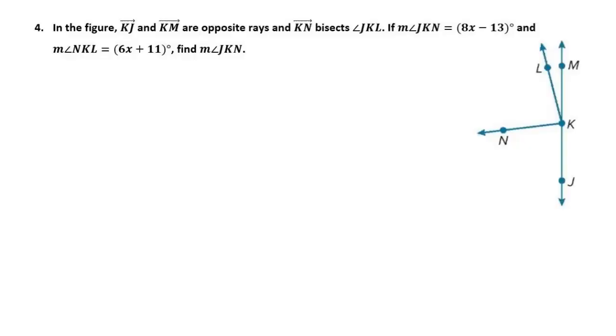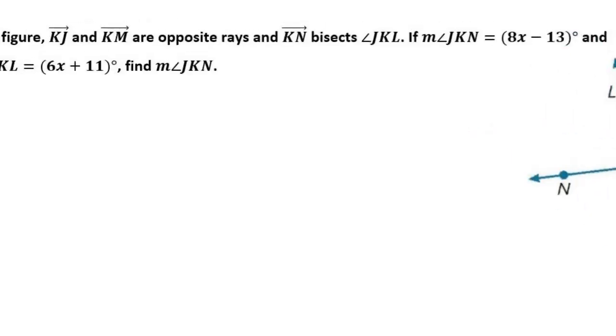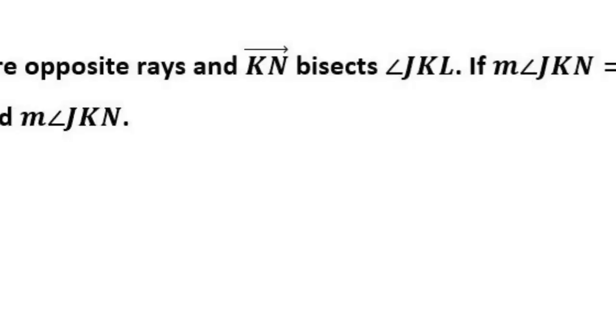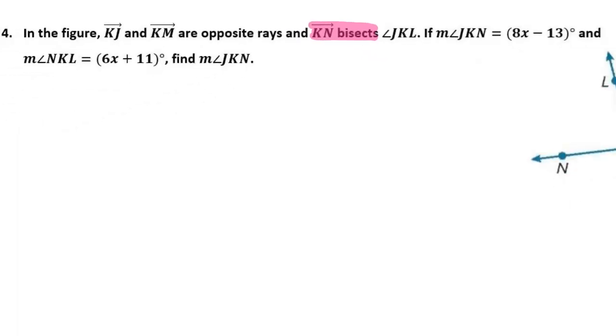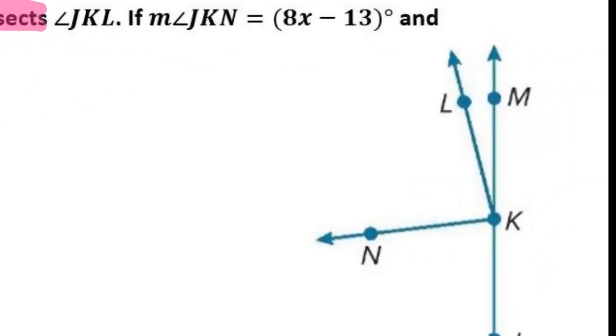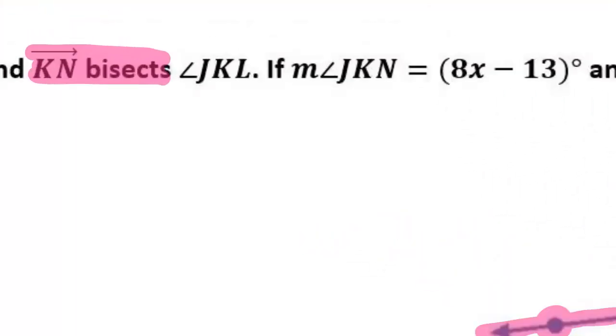So we see here on example number 4, it tells us that ray KN bisects angle JKL. Let's go find ray KN. Well, here's K, here's N, so this is ray KN here. And it is bisecting angle JKL.